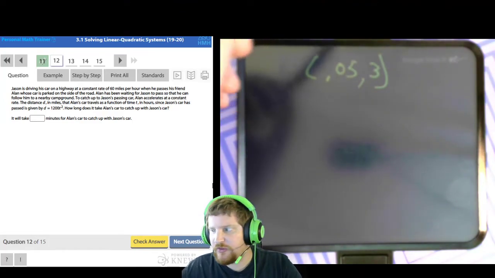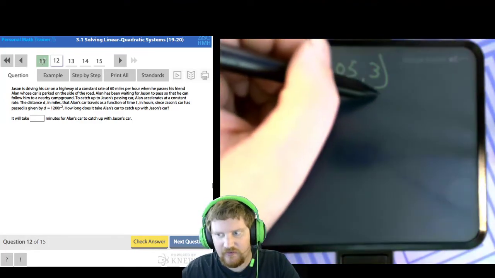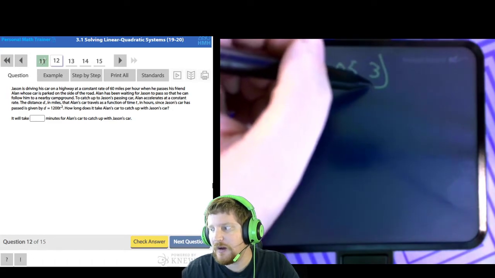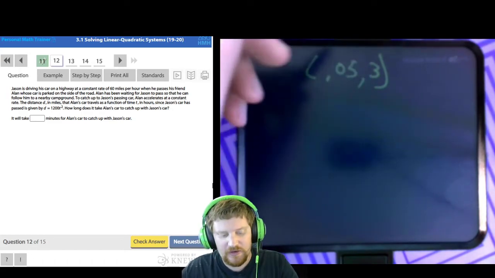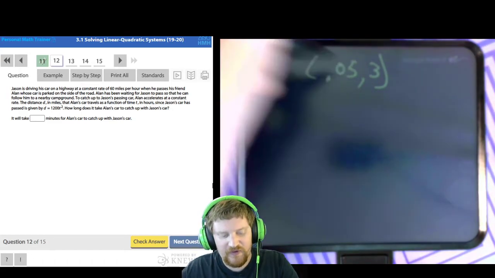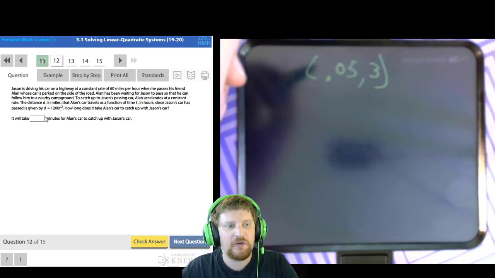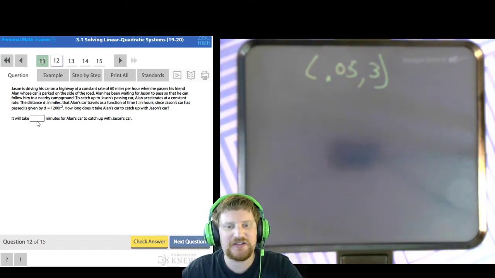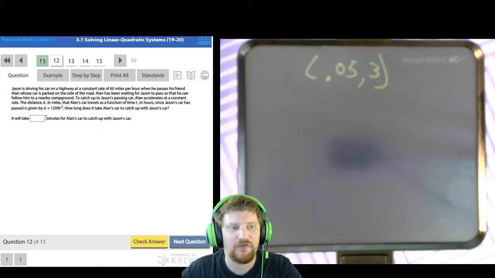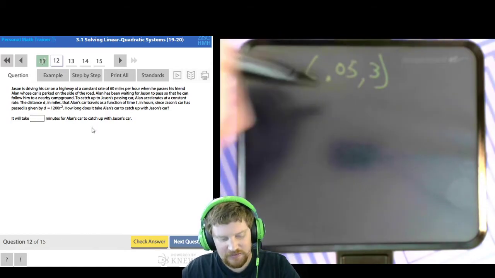Okay. So the 3 is the number of miles that they've gone. And the 0.05 is the number of hours. But they're not asking for hours. As you guys can see here, they're actually asking for minutes.